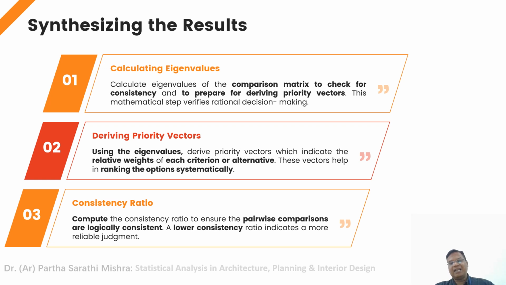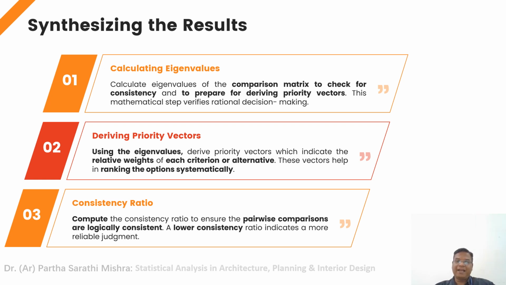But when some of the experts are saying yes and some are saying no, then there is a problem with decision making. At that time we can say we don't have consistency among the experts. We don't have consensus among the experts. For that, calculating the eigenvalue is one of the most important factors in the process of analytical processing.